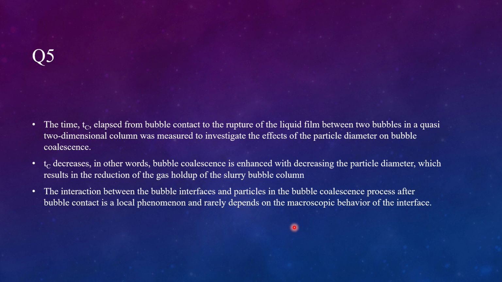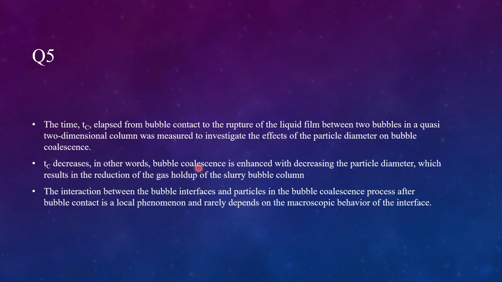Consider a very large diameter particle. If the concentration is more, the chances of two particles coming in contact with each other and then the rupture of the film between those two bubbles is found to increase. So if Tc is decreased, what does it mean?